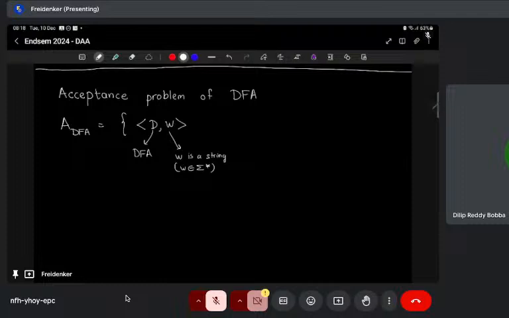And what kinds of D comma W will you find in ADFA? They have to satisfy some property.